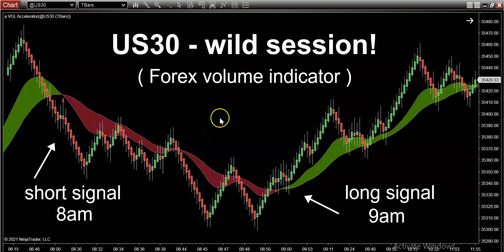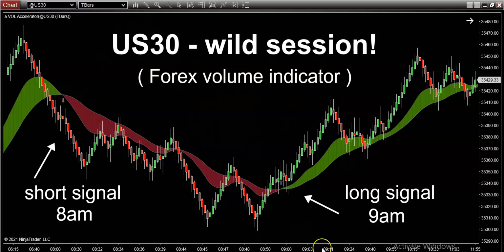What you see on the screen right now is a chart of the US 30. For those of you that are experienced Forex traders deploying all sorts of interesting Forex strategies, I'm willing to bet that you've heard of the US 30 before. But for those of you that have not, you need to start looking into this today.